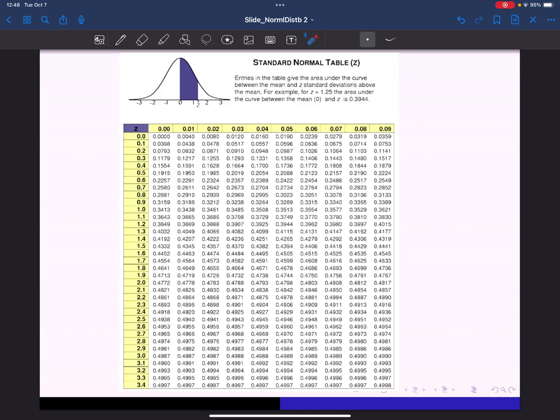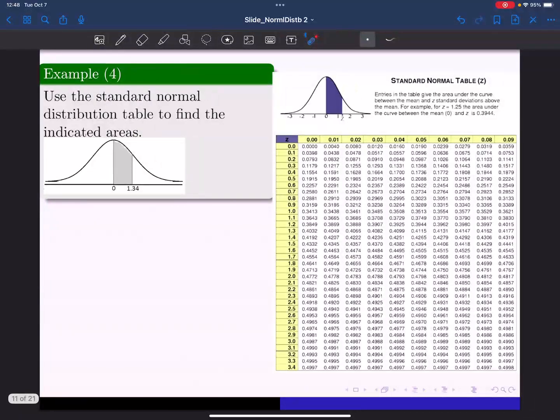Let's look at some examples. Example 4. Use the standard normal distribution table to find the indicated area. So we have the area between 0 and 1.34. We're looking at the table. We need to go to the z-score 1.3 and then the 4 we're getting from this part.